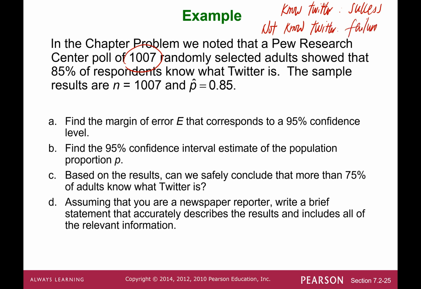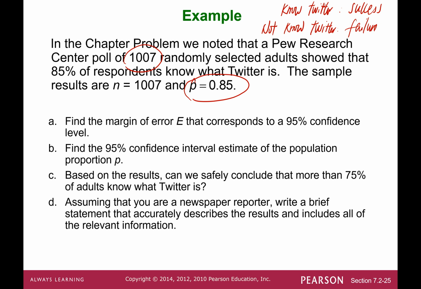The sample result is n equal to 1007 and p hat is 0.85, because 85% of them know Twitter in this sample, so the sample proportion, or sample success rate, is 85%, which is 0.85.